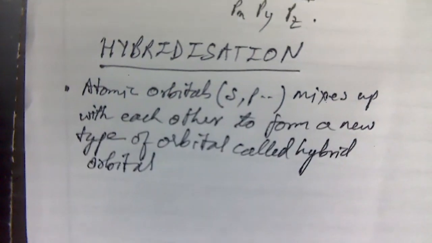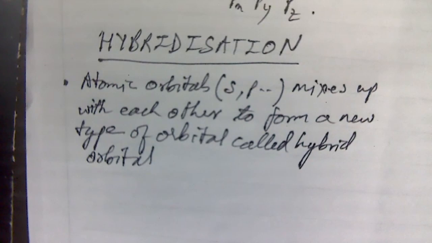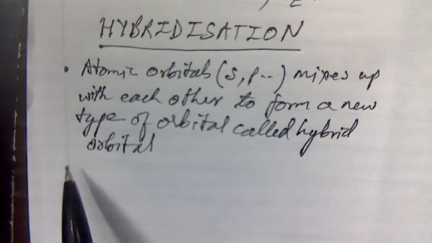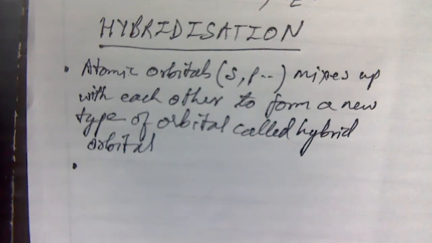Now these hybrid orbitals, if we study, they do not have the properties of the two which are mixed up. Here s can combine with p or d, isn't it? So when they combine, what are the different types of hybridization? We'll see that, but before that, these things. Now, can any two atomic orbitals combine? Because in an atom, we have many orbitals. Can any two combine? It's not possible.